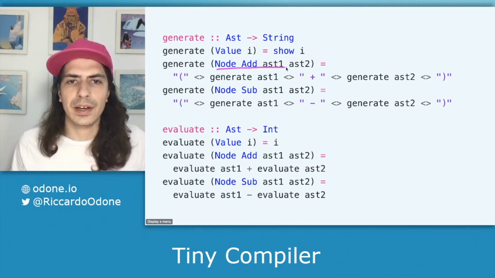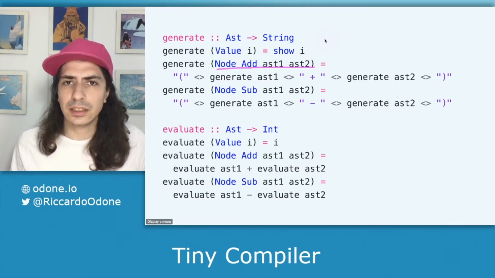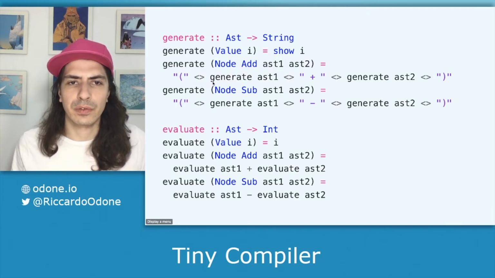If we have add, then we recursively generate the two sides of the add, adding plus and parentheses. And the same thing is done for sub, of course, using minus.